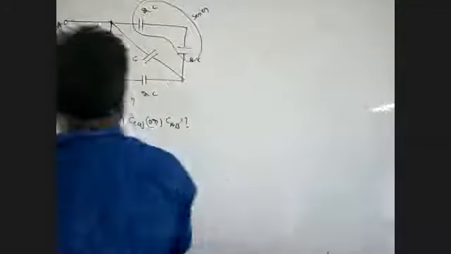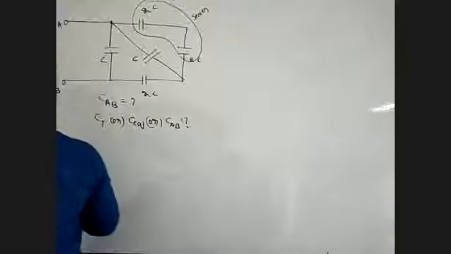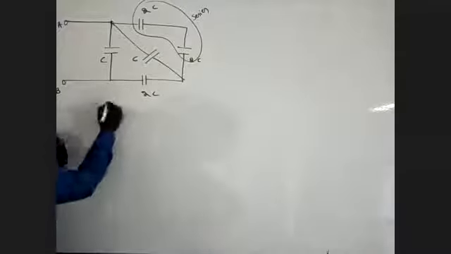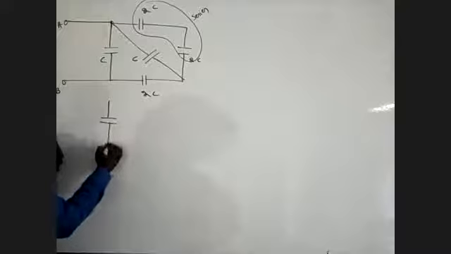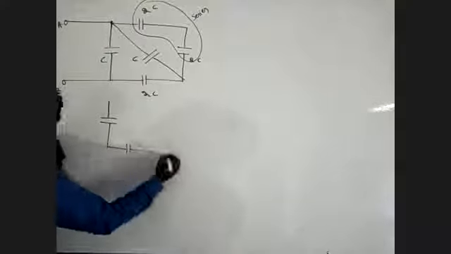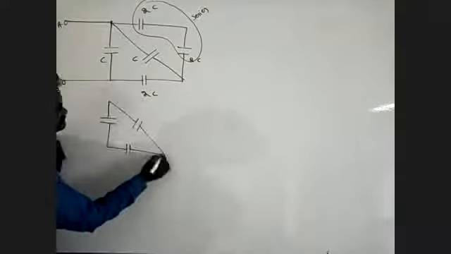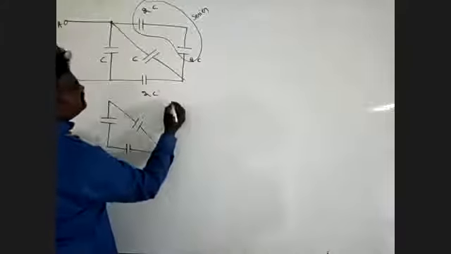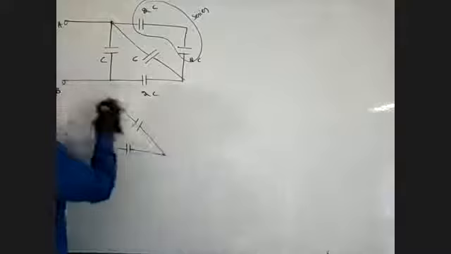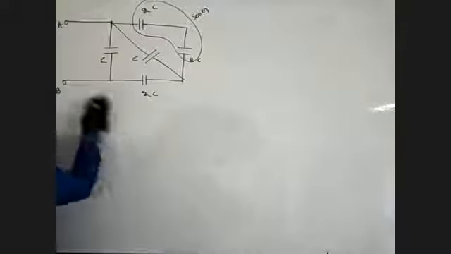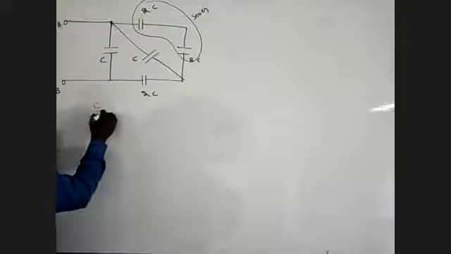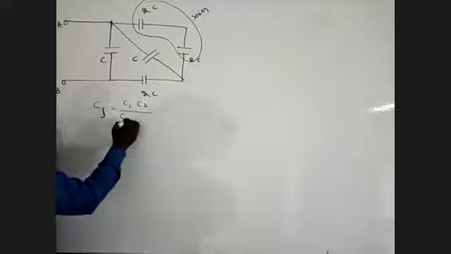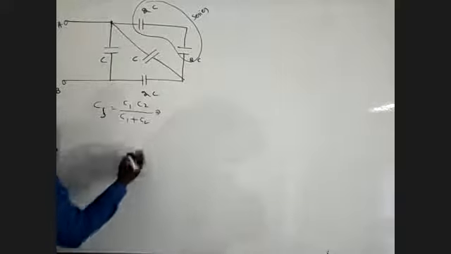First, how can we find it out? I'm going to draw the circuit. These two are in series connection. So what is the formula for series connection? C series is equal to C1 C2 by C1 plus C2.